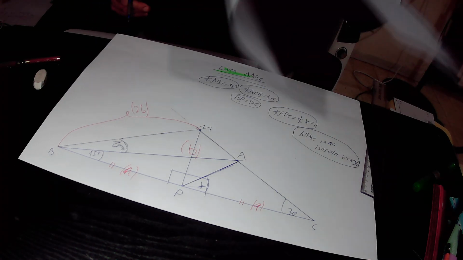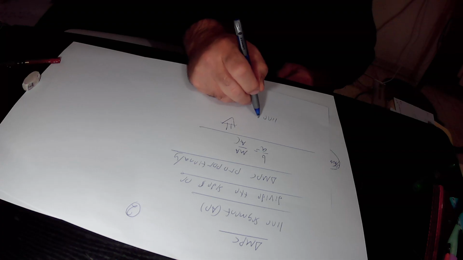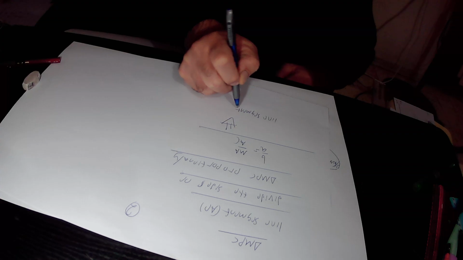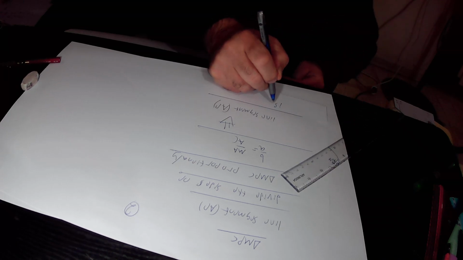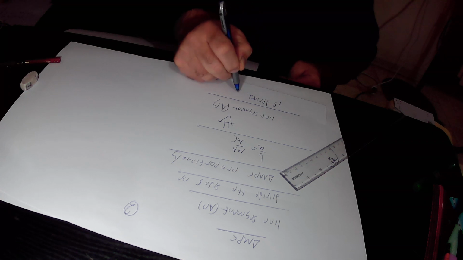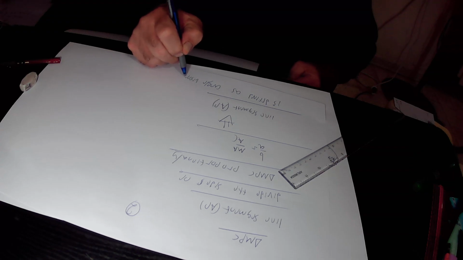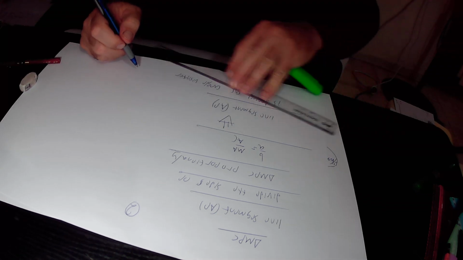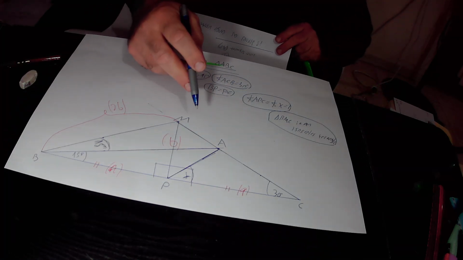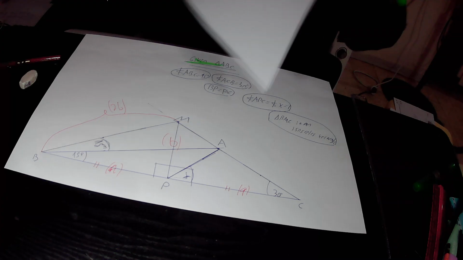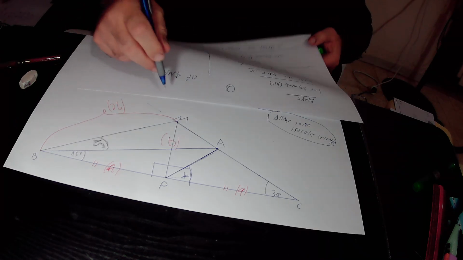And therefore, line segment AP is defined as the angle bisector of angle MPC in the right triangle MPC.